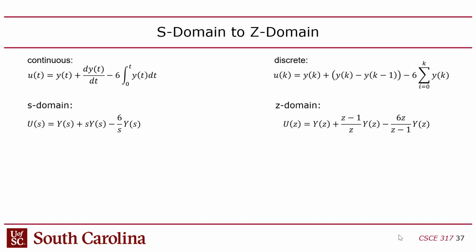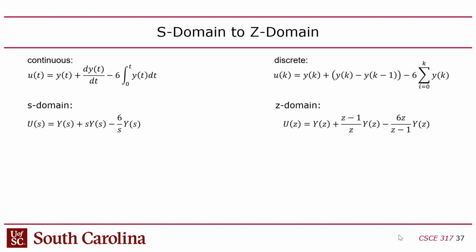Now, over on the discrete side, what you're looking at here is the y. So you have u of k and y of k being replaced for u of t and y of t.